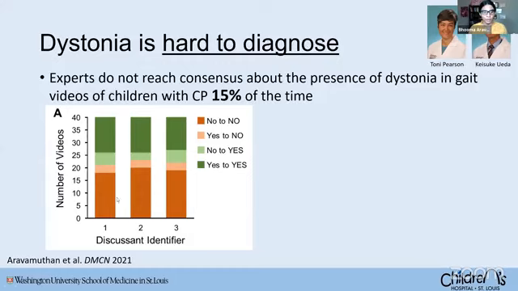So we stuck with our initial perception as no, somewhere between, out of 40 videos, 15 to 20 videos. We stuck with our initial perception of yes, in about the same sort of proportion, 15 videos.